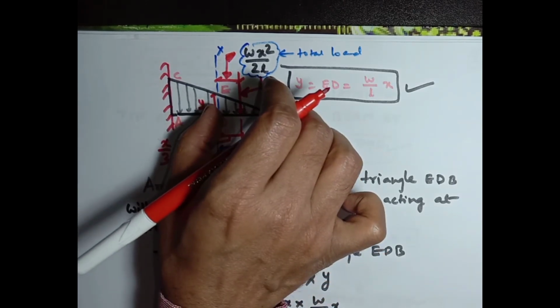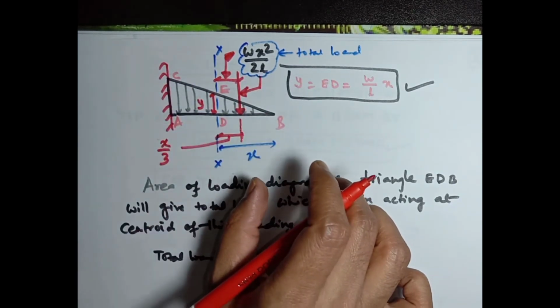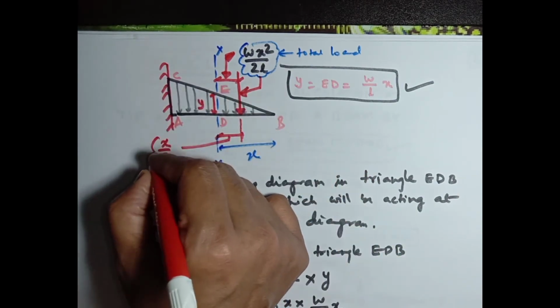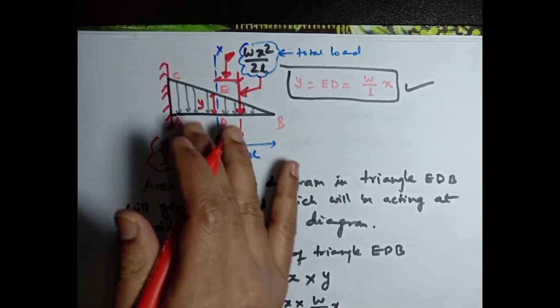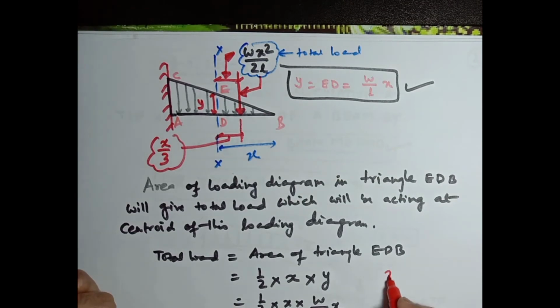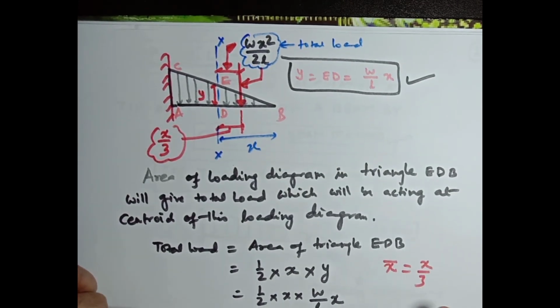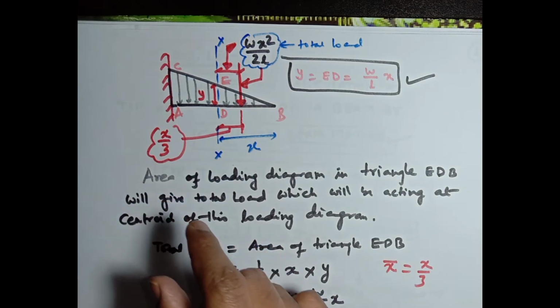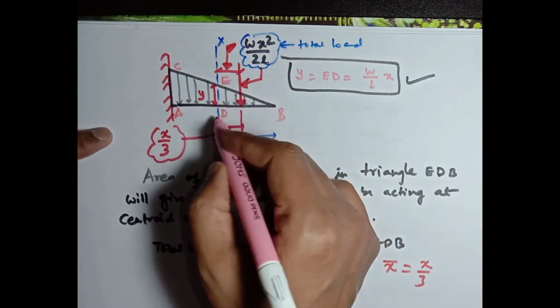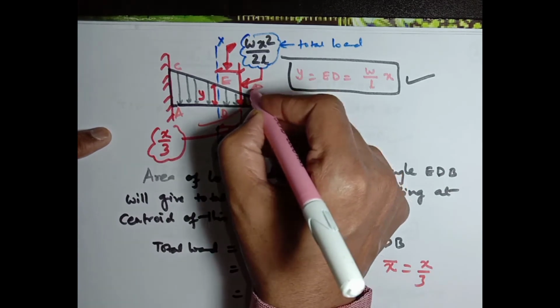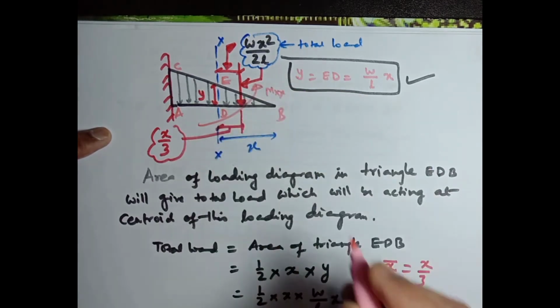For a triangular load, for any triangle, the centroid will be x by 3 from section xx. So x bar is x divided by 3. Therefore, the moment at section xx, this is the moment Mxx, is the subject of our calculation.